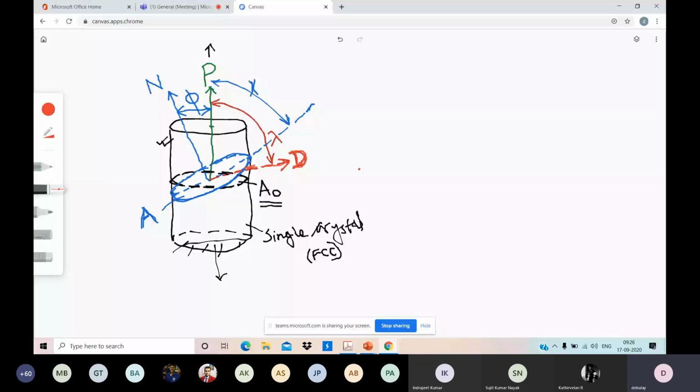Ashish. Peierls stress. We have talked about Peierls stress, no? Peierls stress tells that dislocation movement will be easy on the slip plane along the slip direction.